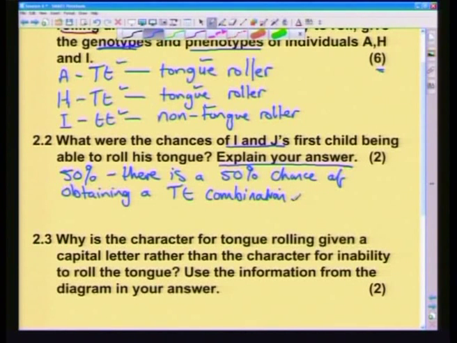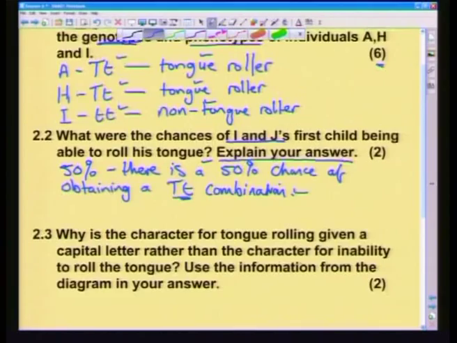You could also say there's a 50% chance of a small t, small t combination, so therefore your capital T, small t will always be 50%. And there you've explained it, and you get your 2 marks.